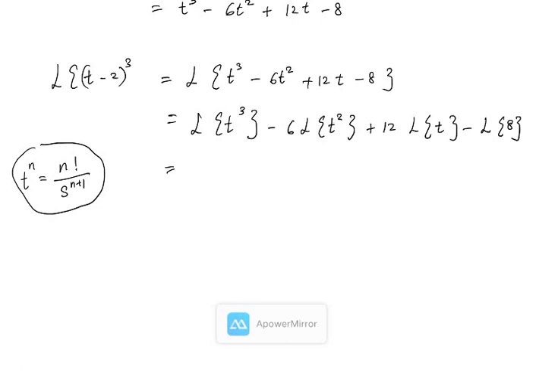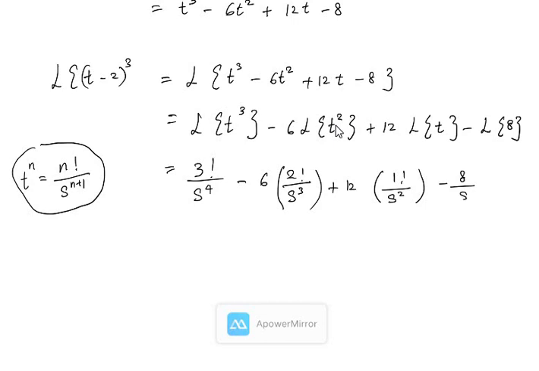This is the Laplace transform table. In this case, I will get 3 factorial divided by s to the power of 4, minus 6 times 2 factorial divided by s cubed, plus 12 times 1 factorial divided by s squared, minus 8 over s.